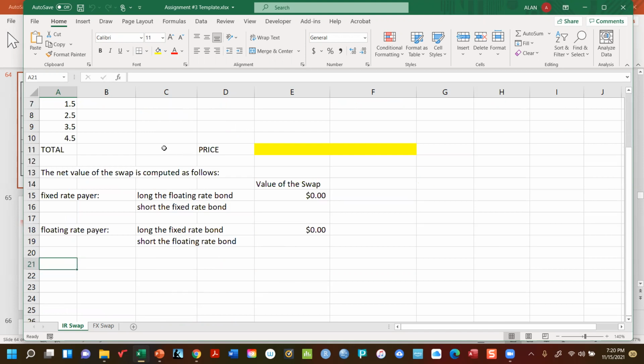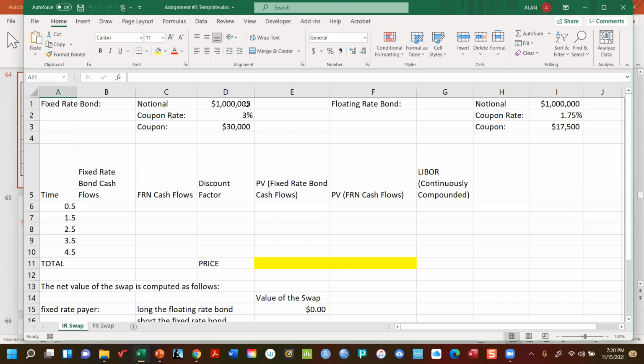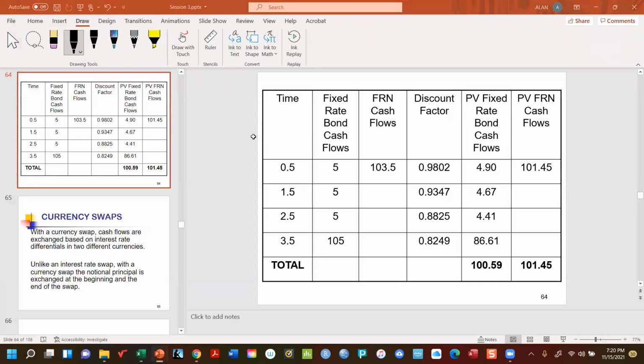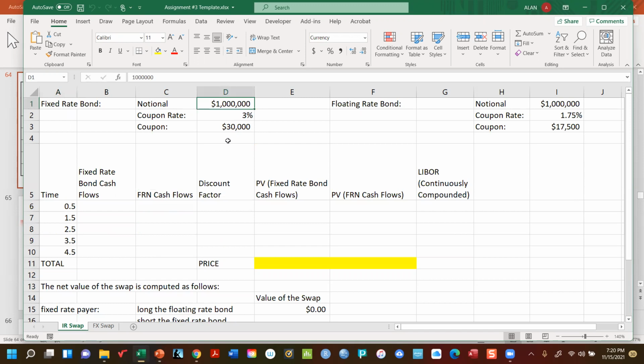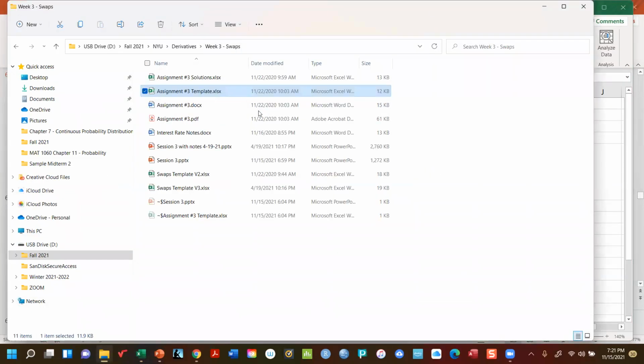Let's see. The fixed rate bond, oh man, this is a different example, isn't it? That's all right. We can change it. I just realized I don't know why this template has a different example here. Let me just look at my files here.